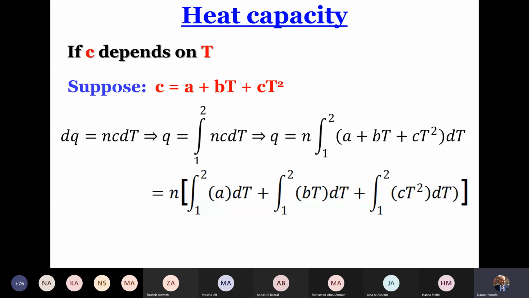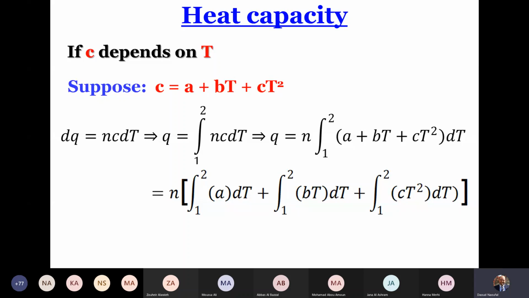Second, Q depends on the nature of the substance whose temperature we want to increase. So Q is directly proportional to C, the heat capacity: the specific heat capacity or the molar heat capacity. We use Cs or C depending on the exercise. If the amount is given in mass, we use Cs. If the amount is given in moles, we use C. The third factor is the final temperature.